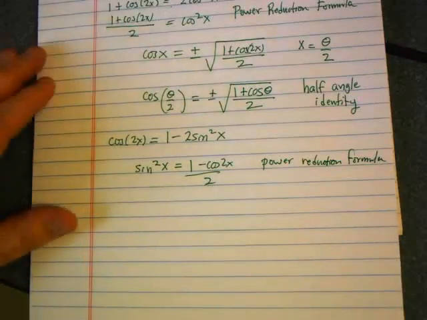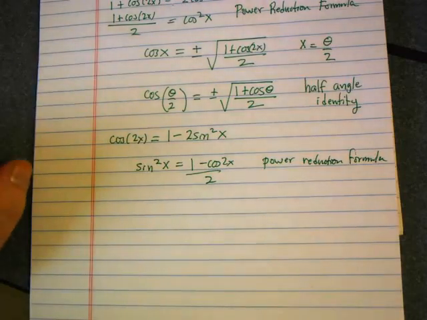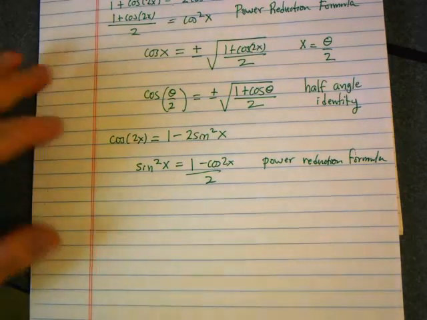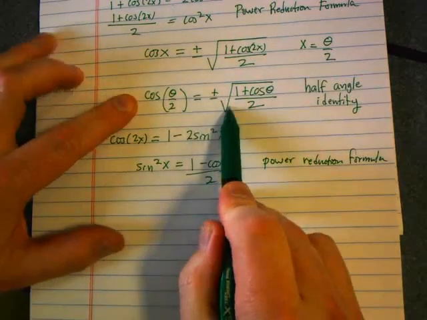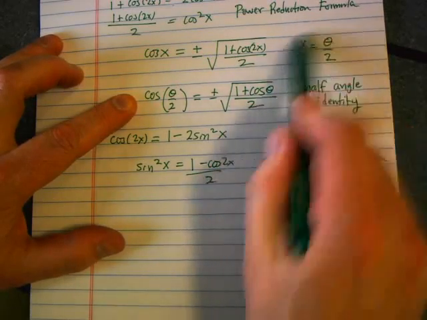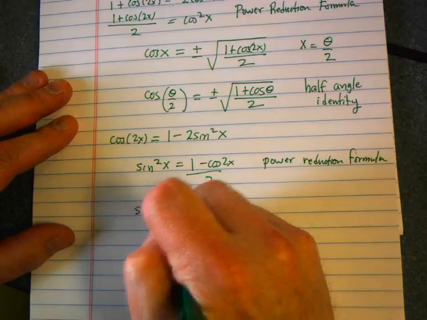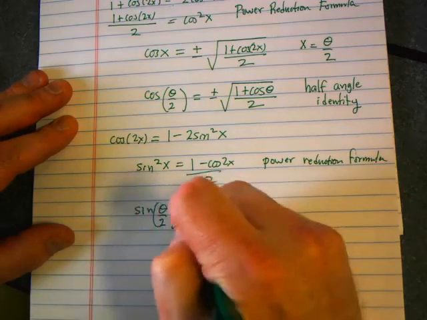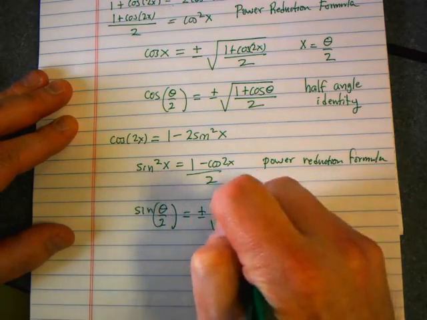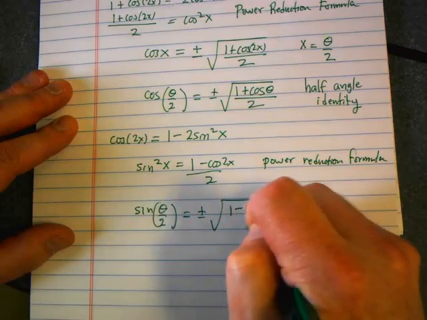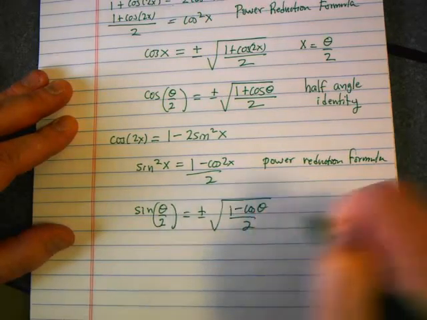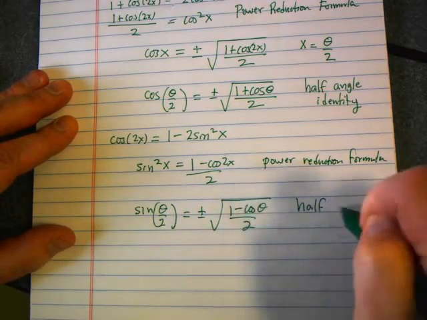Just trust me that you subtract the 1, you divide by the negative 2, that's what you get. And then I'm going to do the same trick. I'm going to do square roots, and I'm going to plug in x equals theta over 2. And we end up with sine of theta over 2 is plus or minus the square root of 1 minus cosine theta over 2. And this is the other half angle identity.